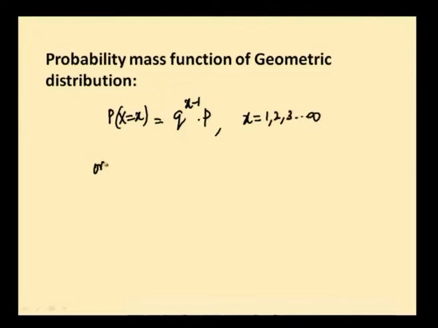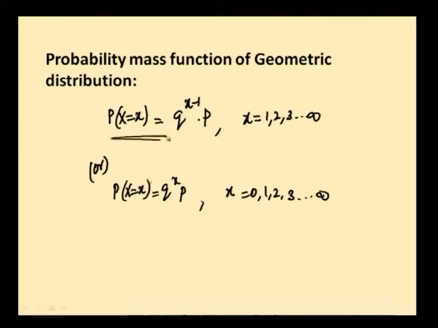Some authors have also represented it as P(X equal to x) is equal to q power x into p, where x takes the values 0, 1, 2, 3 etc. up to infinity. Both result in the same, but we will proceed with P(X equal to x) is equal to q power x minus 1 into p, where x takes the values 1, 2, 3 etc. up to infinity.